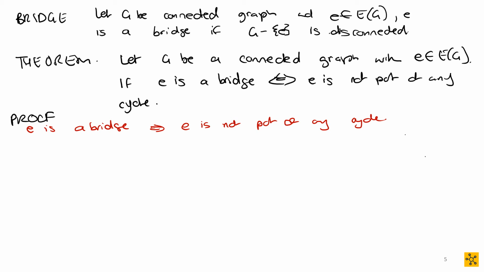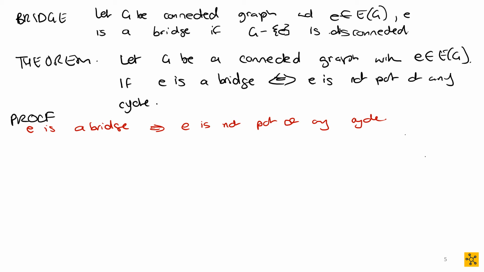I realize that may not sound clear, so let's discuss this one more time. We are proving this part directly, which means we have the conditions G is a connected graph and E is a bridge. Then we're going to use the definitions of a bridge and of a connected graph to show that E is not going to be part of any cycle.